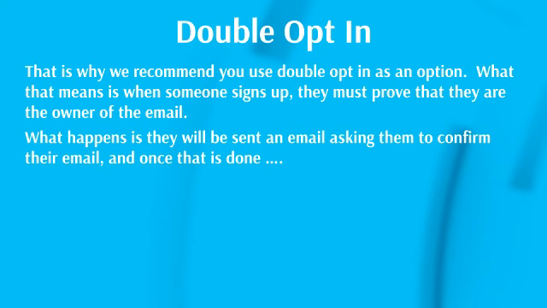So they get sent an email asking them to click a confirmation link. And once they click that, then of course they're added to your email list. Now, if they fill in the name and email address and it's all fake, then of course think about that. That email will never reach them.